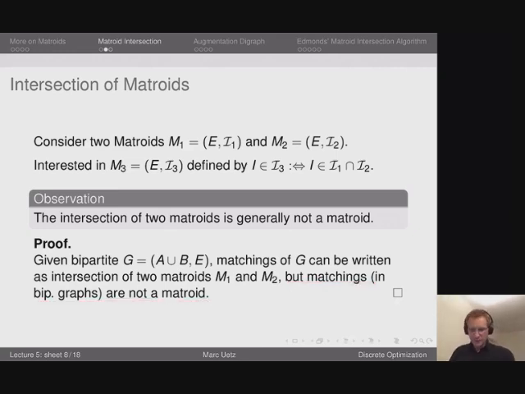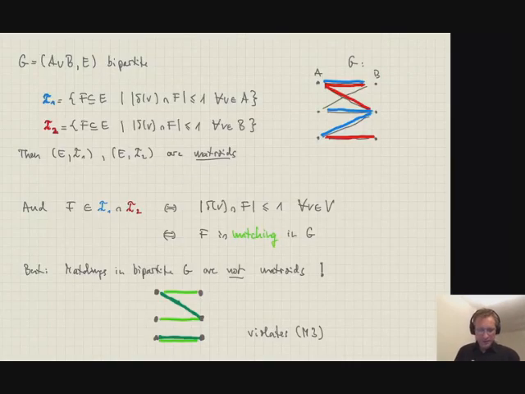Okay, so I think it helps to look at the example here. So we start out with a bipartite graph. On the right-hand side, you see the graph. And we define an independent system I1 by saying that a subset of the edges F is independent if the degree of a vertex in F is at most 1 for all the vertices in A. So that means the degree of all the vertices here on the left-hand side is at most 1.